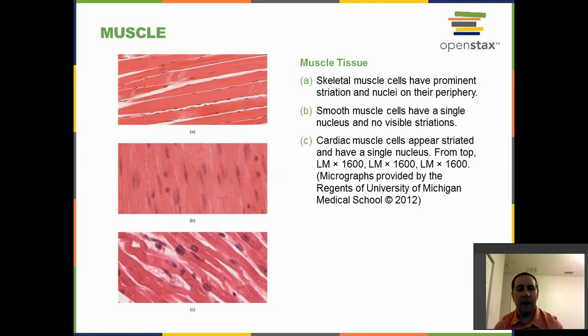And if you see that, we call that striations. And striations mean it is either skeletal muscle or cardiac muscle. Smooth muscle, which is the one in the middle, and we'll talk about next, has no striations. So skeletal muscle is connected to the bone. They're very large cells. They have multiple nuclei, and they are striated.